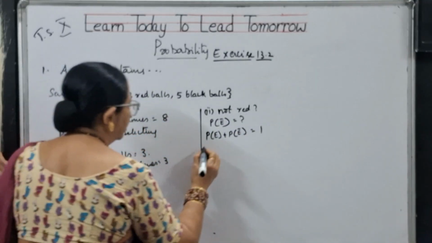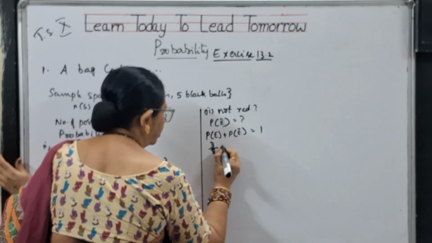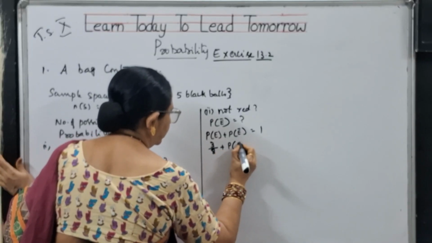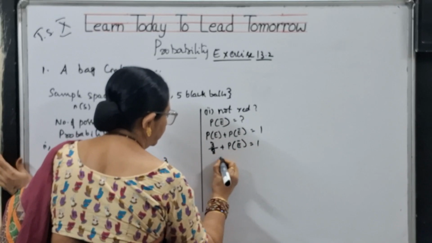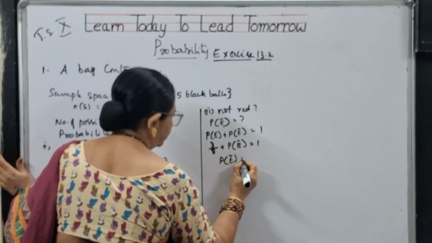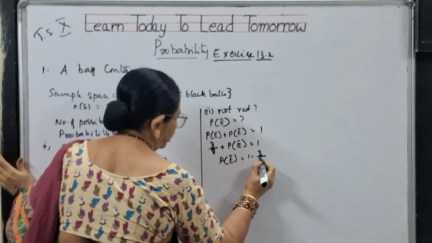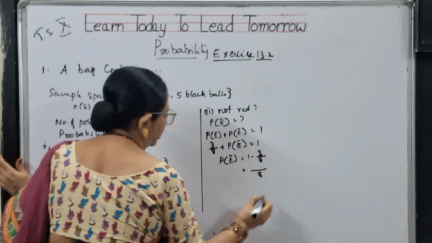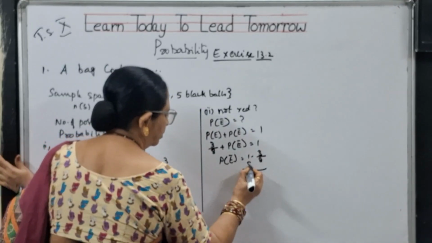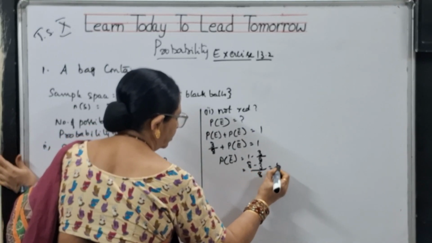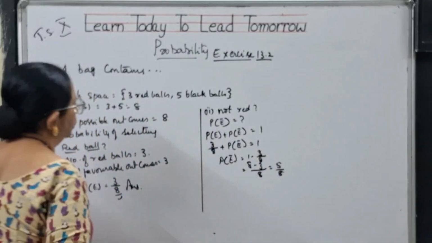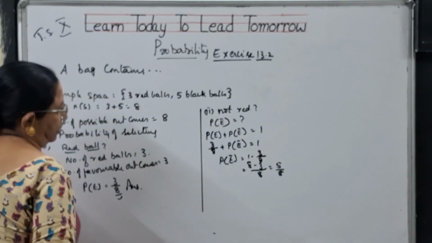P of E is 3 by 8 plus P of E dash is equal to 1. So P of E dash is equal to 1 minus 3 by 8. So 8 is the LCM. 8 minus 3, that is 5 by 8.